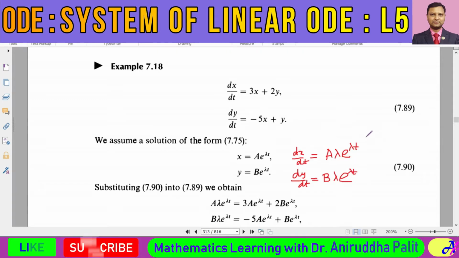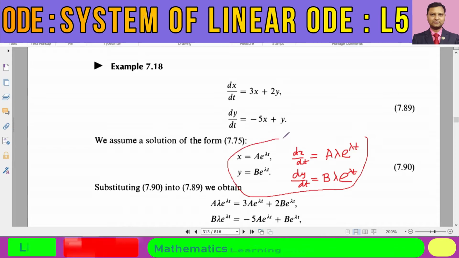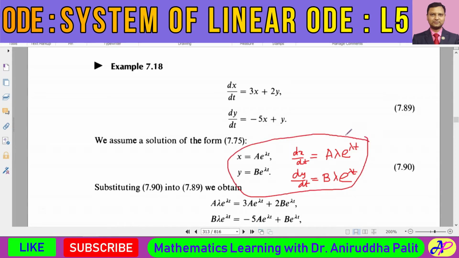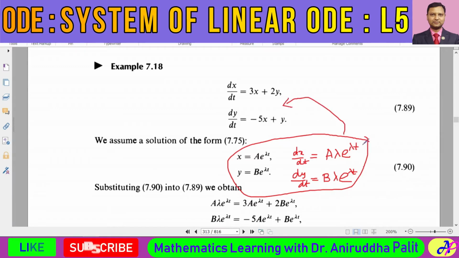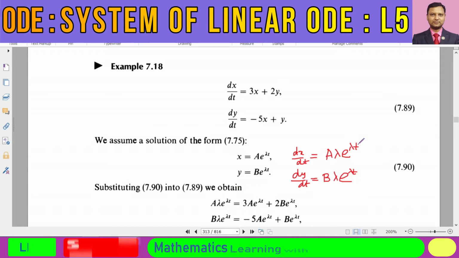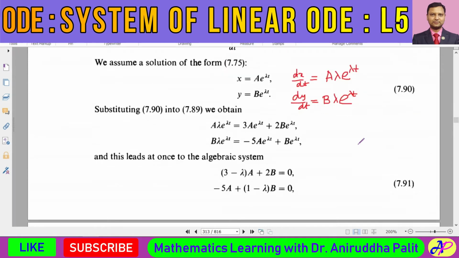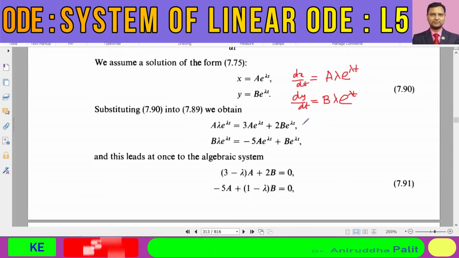So if we use all this information, the expressions of x, y, dx/dt and dy/dt, in these two given differential equations, then what do we get? Then we get this kind of expression.